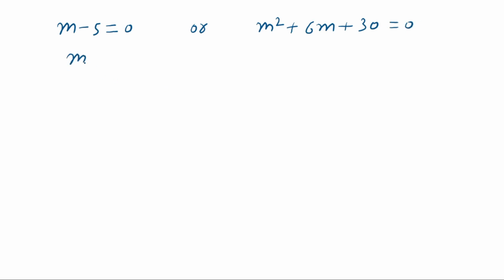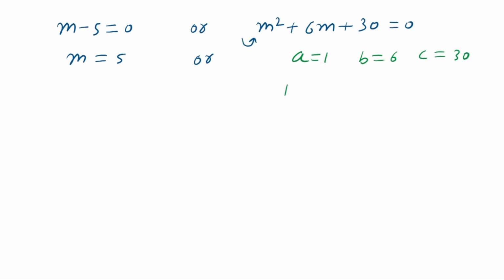Here the value of m is 5. For the second, we have a quadratic equation, and here we will talk about only real solutions. So first we will check the discriminant of this quadratic. The value of a is 1, b is 6 and c is 30.